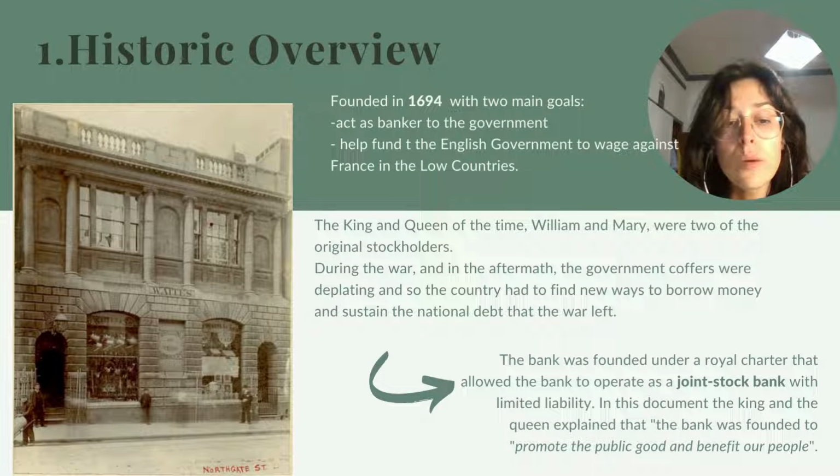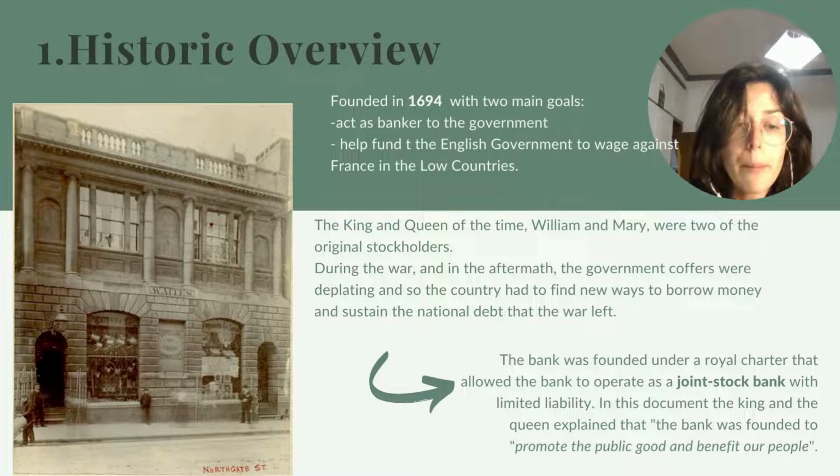So the bank was founded in 1694, and it had two main goals. The first one was to be the banker to the government, and the second one was to help fund the war efforts for the English army that was fighting against France in the Low Countries.